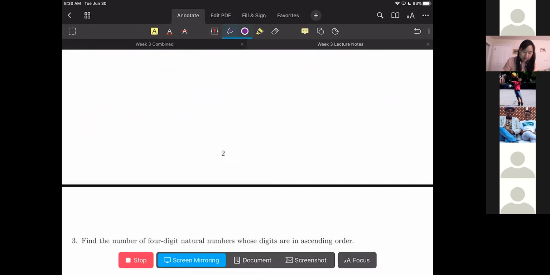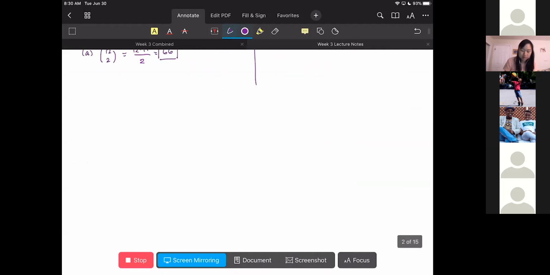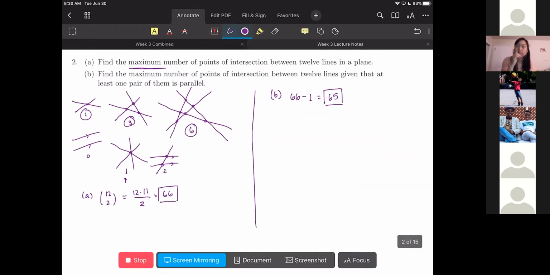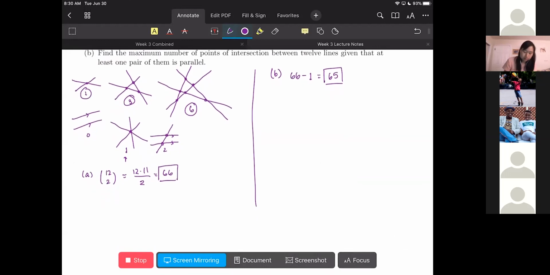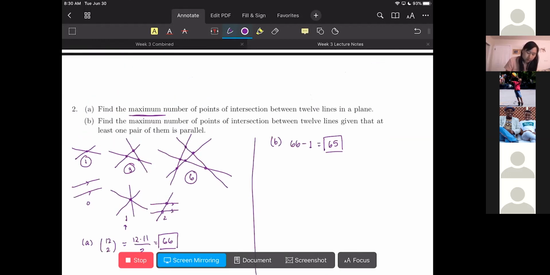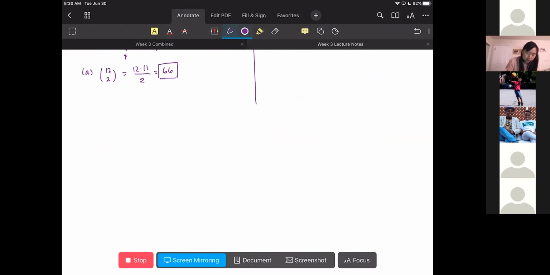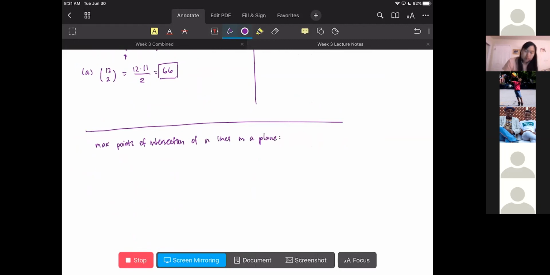All right, let's try a couple more and then, go ahead. So a general formula for that would be, if it's n, it will be n times n minus 1 divided by 2. Yep. So if we want to look at the maximum number of points of intersection between n lines, we can basically generalize that.